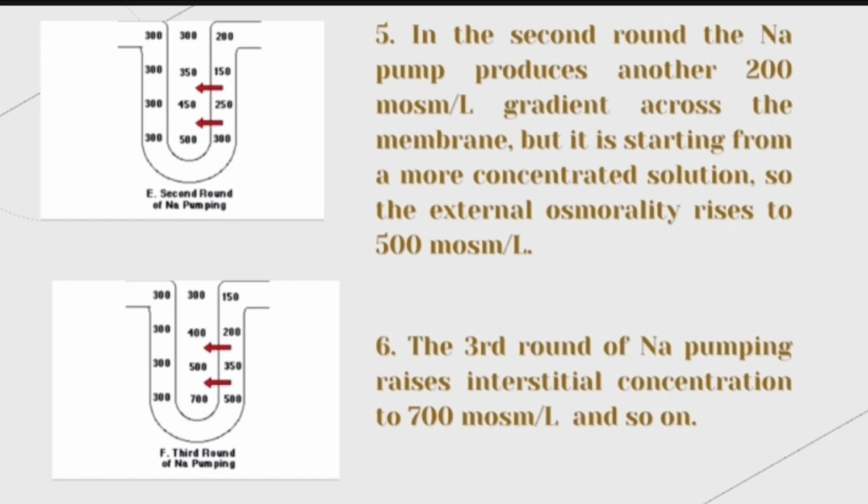And lastly, we have the third round of Na pumping. The third round of Na pumping raises interstitial concentration to 700 milliosmoles per liter, and so on.